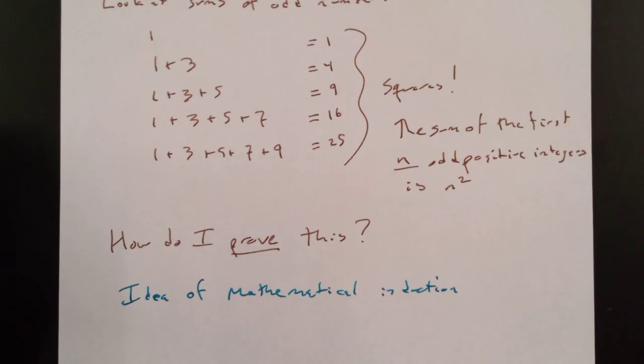Which image do you like better, the ladder image or the dominoes image? I'll use either one. The ladder? Okay. If I want to show that you can climb a ladder, I need to show two things. I need to show you can get on the ladder at some point. And I need to show that if you're standing on one step, you can get to the next one.